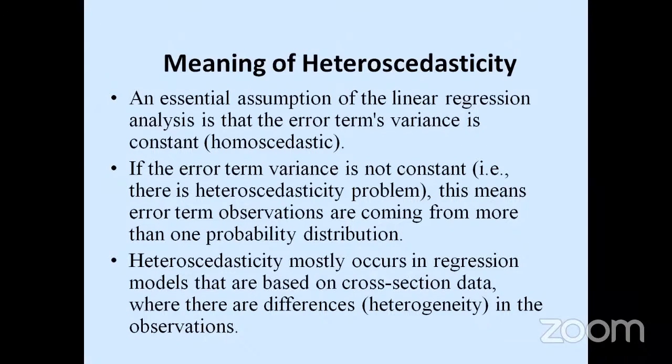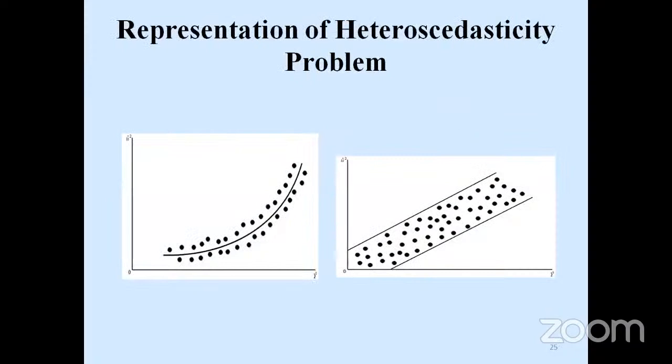If we observe the data patterns, the underlying probability distributions are generally not the same. So this is a representation of the heteroscedasticity problem: homoscedastic and heteroscedastic.